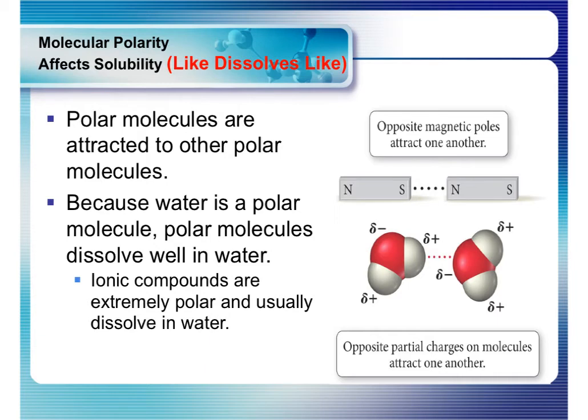As a matter of fact, the vast majority of ionic compounds dissolve readily in water. And that's because a polar compound, let's just look at table salt, sodium chloride. Ionic compounds are extremely polar. They're the most polar, right? Total, complete separation of charge. All right, and water has a permanent dipole.